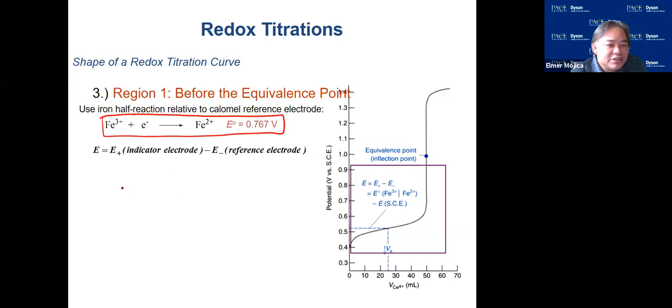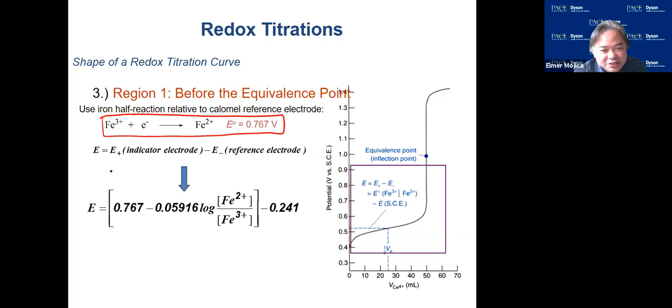The potential that we have there is the potential of the indicator electrode, which is the positive sign, minus the potential of the reference electrode.